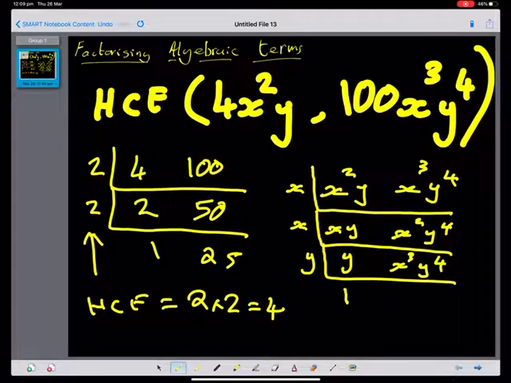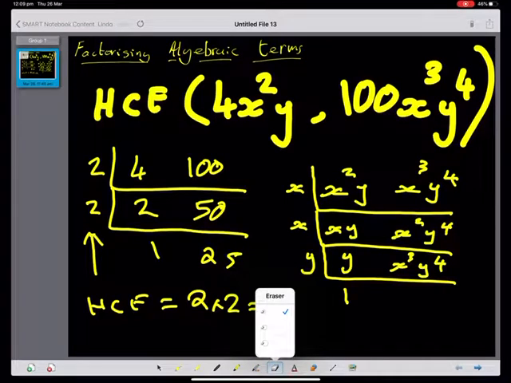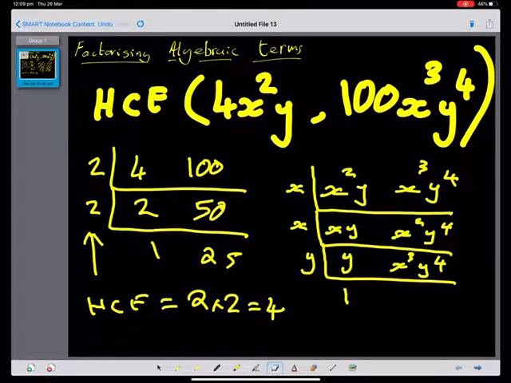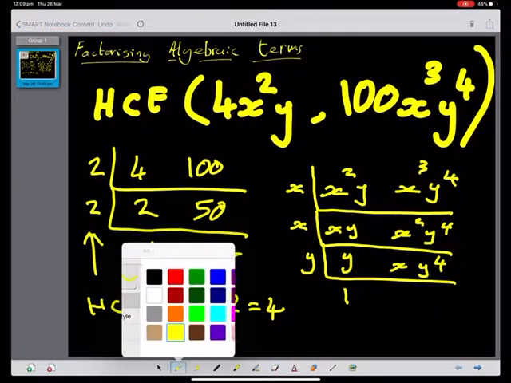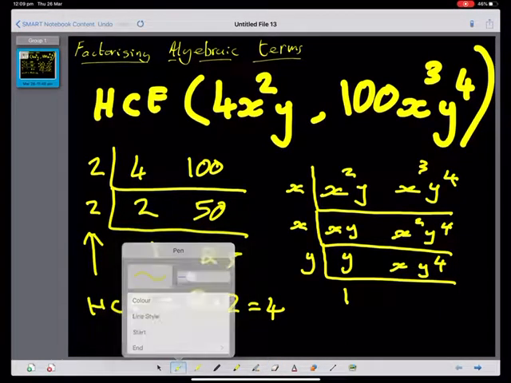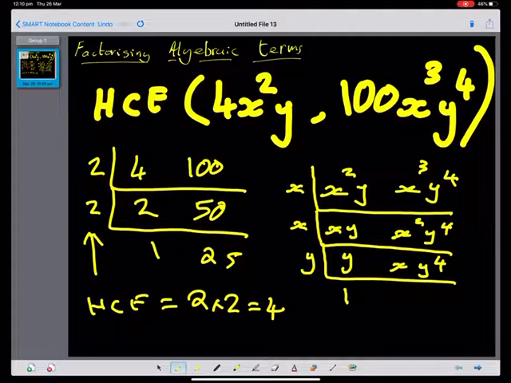Okay, that is a little mistake there. That should say, okay, that should just be x. We can divide by y to get 1 and x y to the 3.